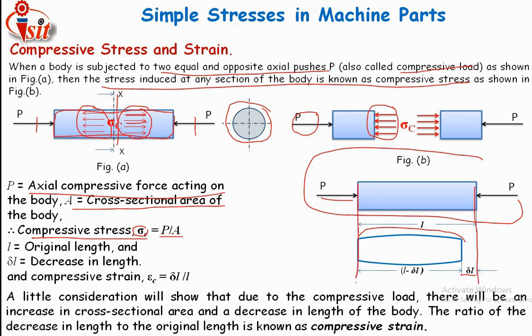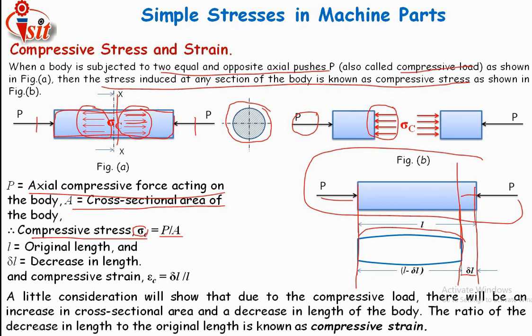This is the original length, but due to the application of force, there is a decrease in length by dl. Now the body, due to this deformation, there is deformation of body through this distance. Now this is the final length of the body after application of this compressive force.